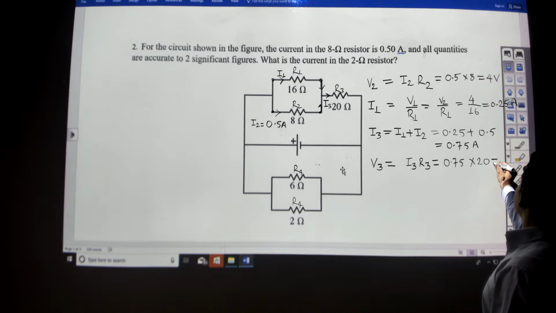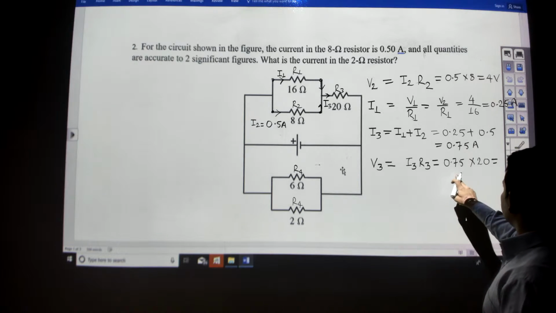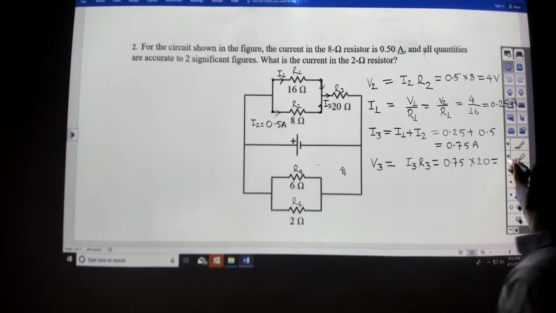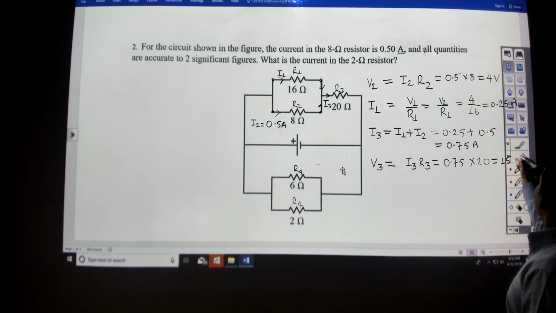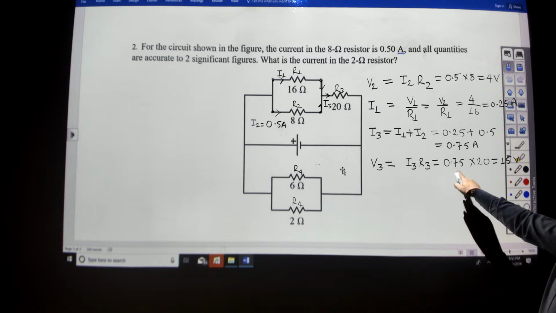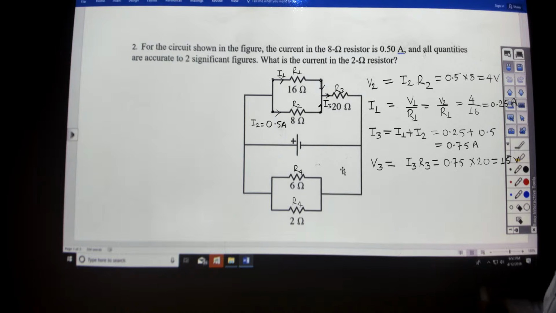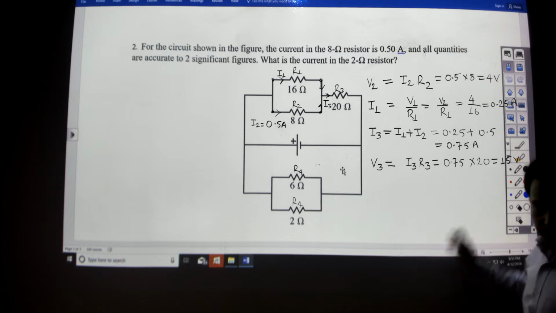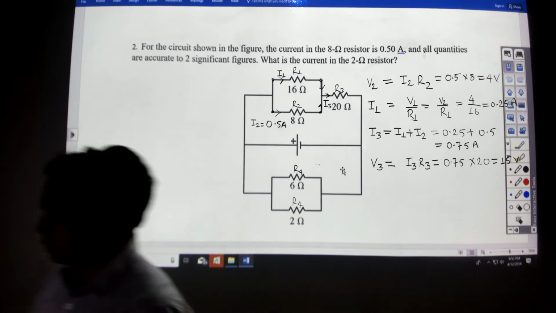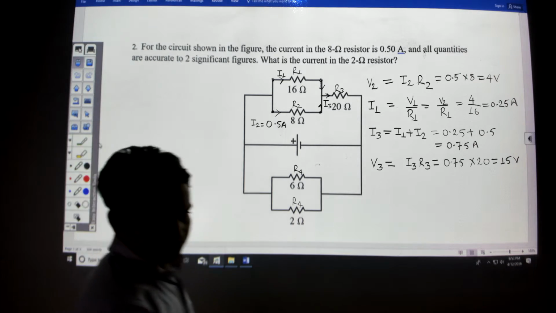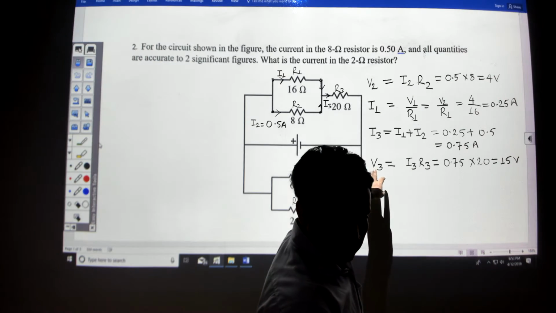If you just do the math, 0.75 times 20, we got 15 volt. This is 75 over 100 times 20, so 15. So we get 15 volt now. Let me move to the other side. So we now found V3.